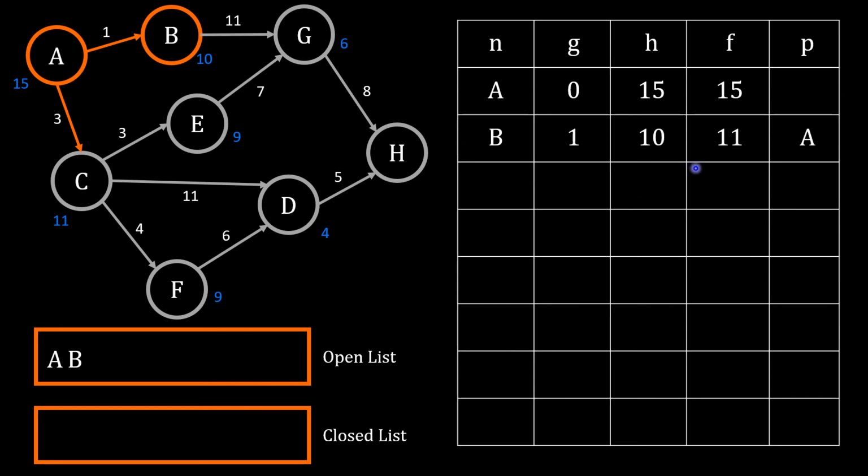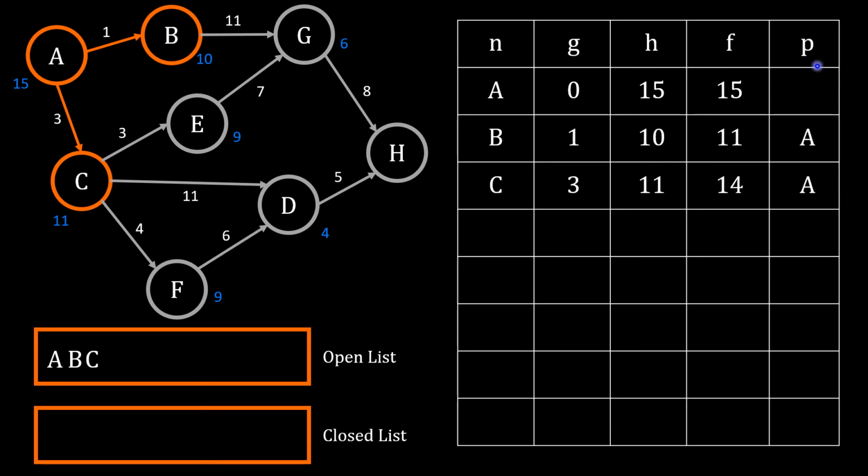We're now going to fill in the table for B, and we're going to fill in the table for C. The move function for these nodes is going to be how much it actually costs for moving from A to B and A to C. We're then going to add the move function to our heuristic function to give the final cost function values of these two neighbors. And then the previous node from B and C is obviously A.